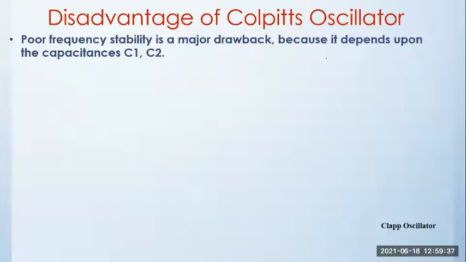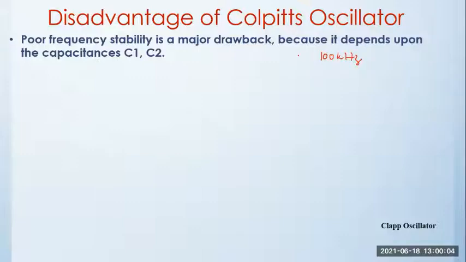Say you had designed for a frequency of 100 kilohertz, you should be getting something around 100 kilohertz only every time you change the temperature, you change the components, with aging of the devices.